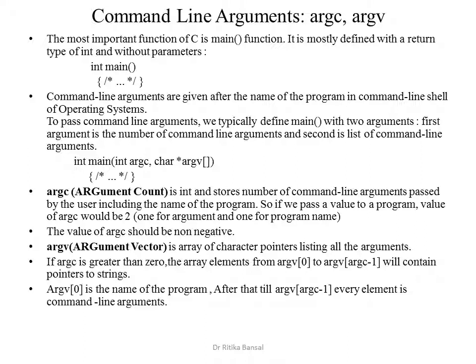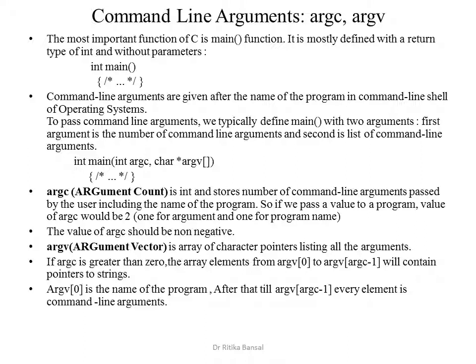Now what do we mean by arguments? You have already worked with DOS, which is the command line. You run DOS commands from the command line, going to the command prompt and running those commands. When we run a C program from the command line, we can supply some arguments to the main function. Those are known as command line arguments.